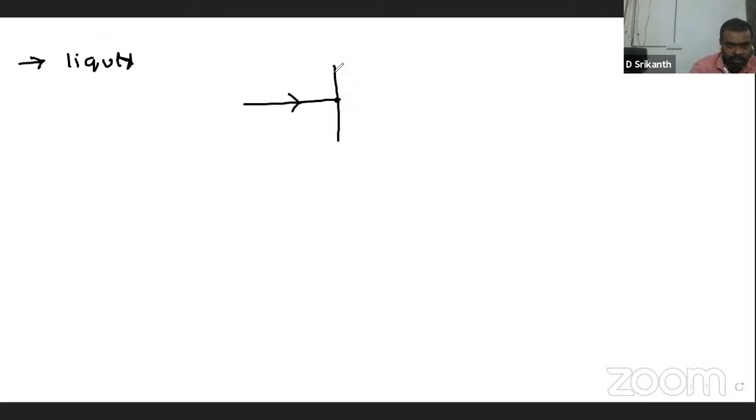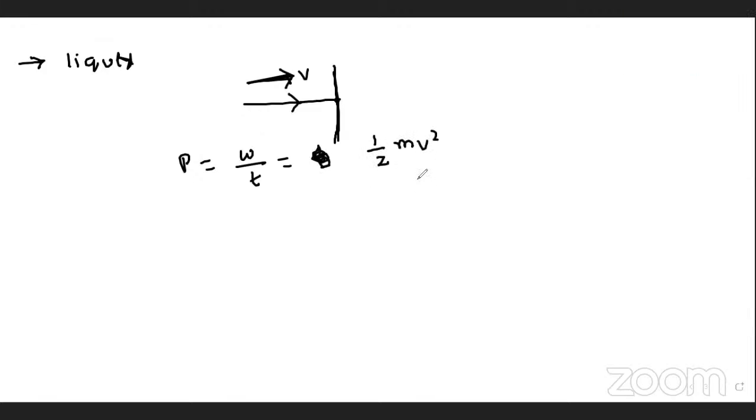The liquid will stop. Okay, the power exerted by the liquid, power is equal to work done by time, that is half mv square by t, since it is moving with a velocity v.